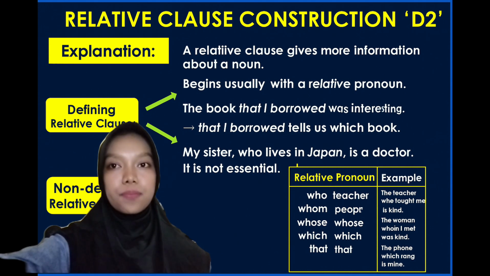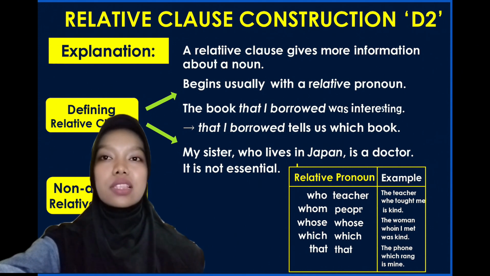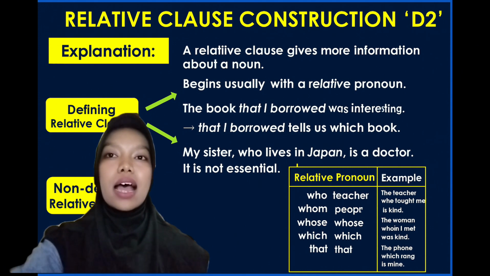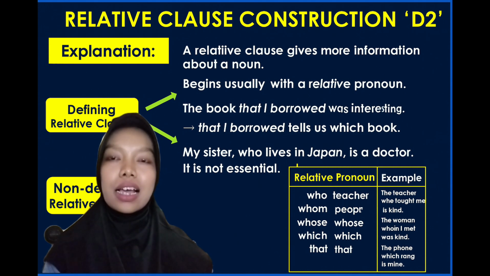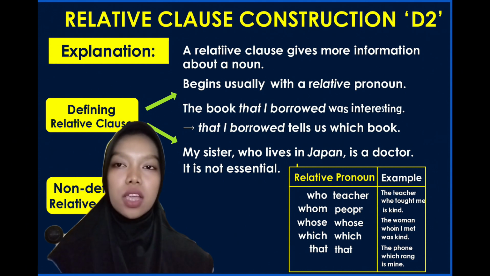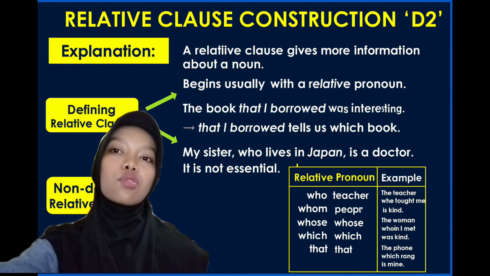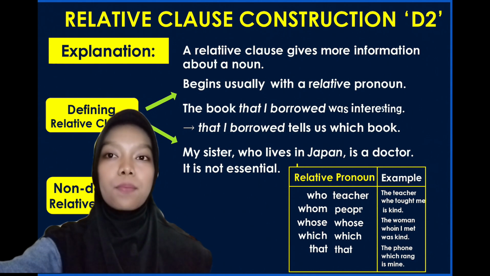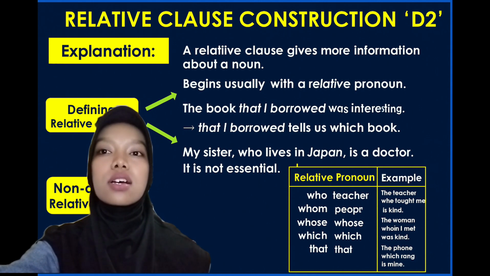The example: 1. Defining relative clause. The book that I borrowed was interesting. That I borrowed tells us which book it is, essential. Second, non-defining relative clause. My sister, who lives in Japan, is a doctor.